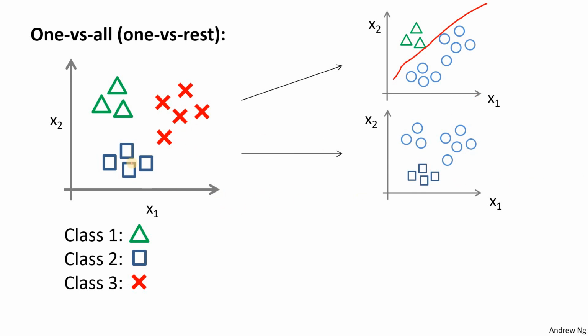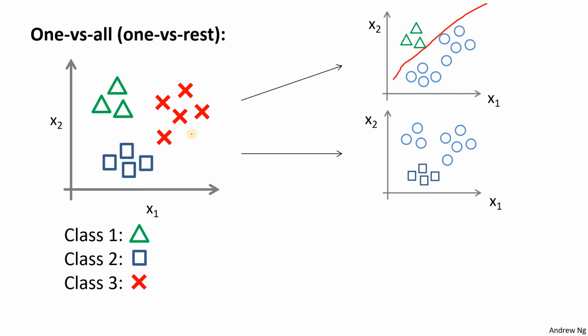Similarly, the second time you will consider the blue boxes, and you say that one class is blue boxes and the others are not blue boxes. So we are solving the multi-class classification problem by converting it into multiple binary classification problems.